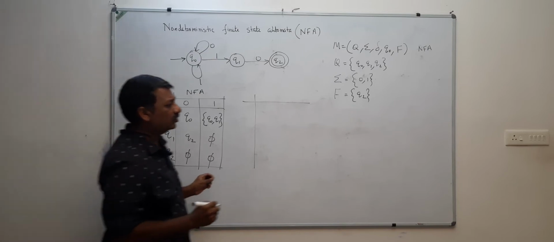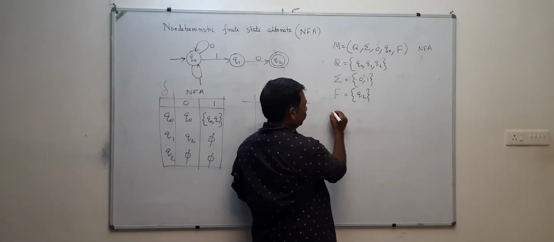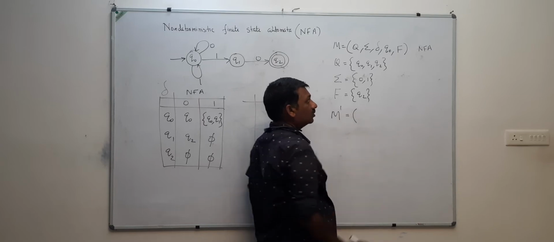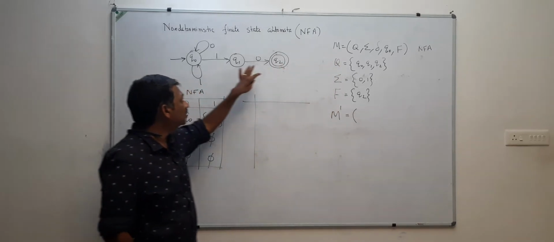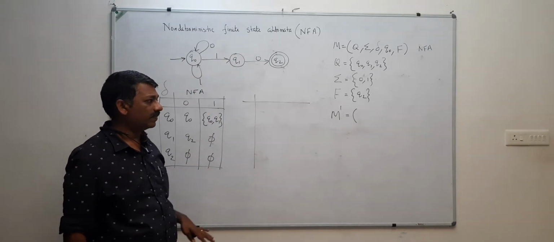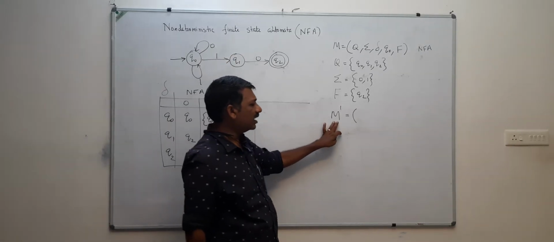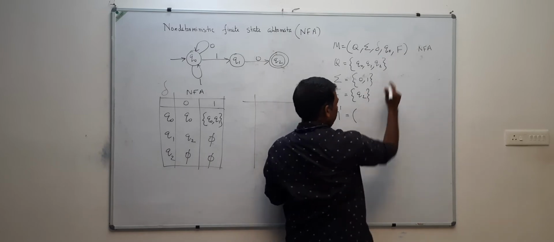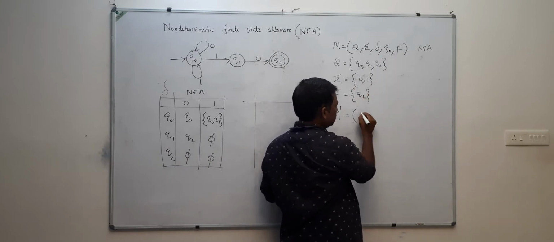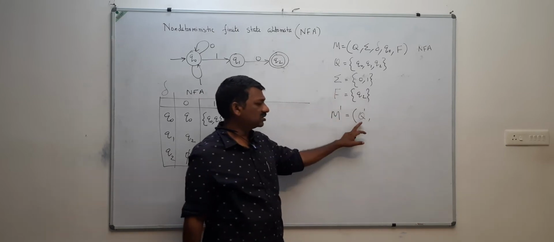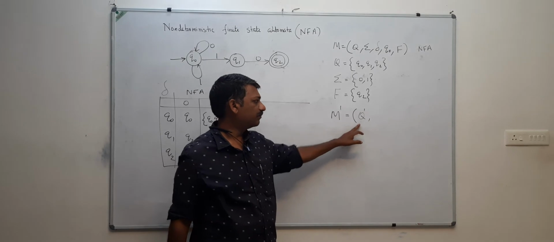Now I am going to convert this NFA to its equivalent DFA, and here this M dash is the DFA. Here you are going to have a new set of states which is represented by Q dash.